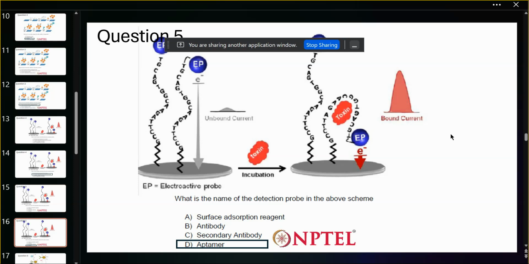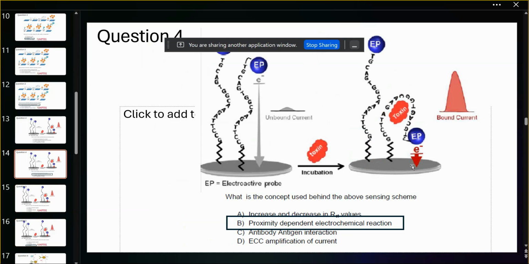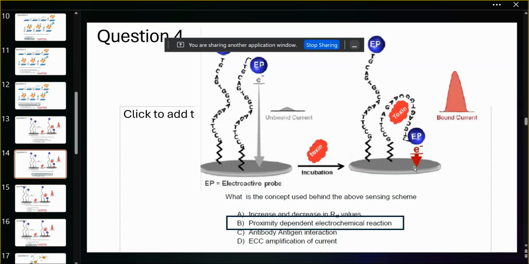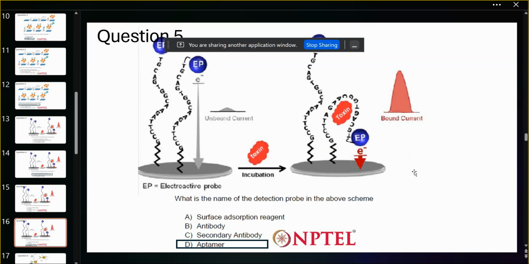Then we move to surface absorption reagent. In a surface absorption reagent, you activate the surface and then you measure the surface level. That is what was done in the first setup, and that is what is called the surface absorption reagent.